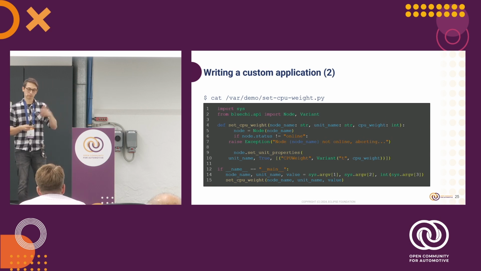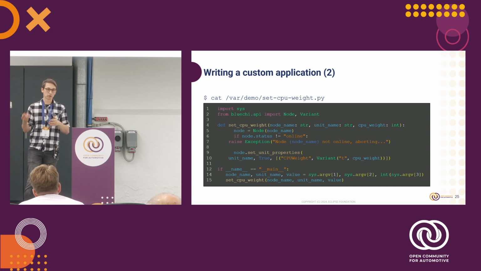So we provide such bindings for Python. In lines 12 to 15, we basically parse the CLI options, getting the node name, the unit name, and the CPU weight value.